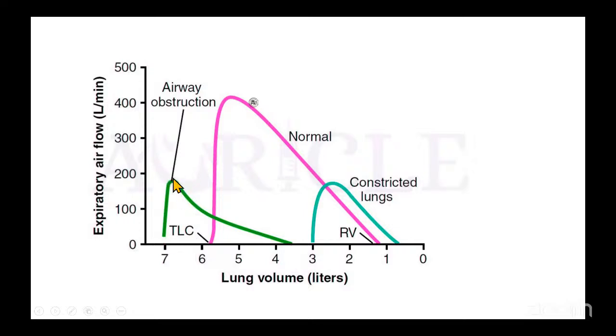The peak expiratory flow rate will be lesser, and it will never reach the residual volume. Before that, air trapping, this much air will be trapped inside. But in a restricted lung, you're inspiring from here, and the maximum vital capacity will be this much. It won't go extra, instead it will be here.